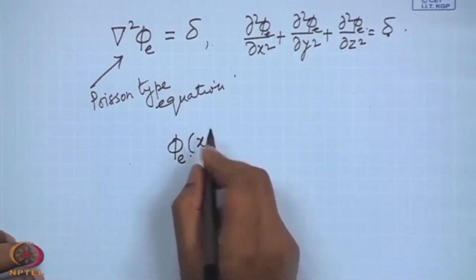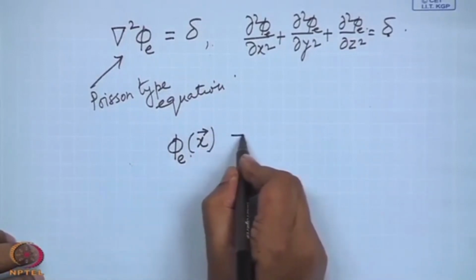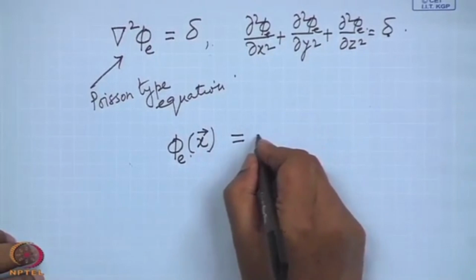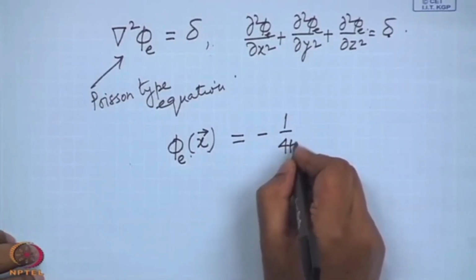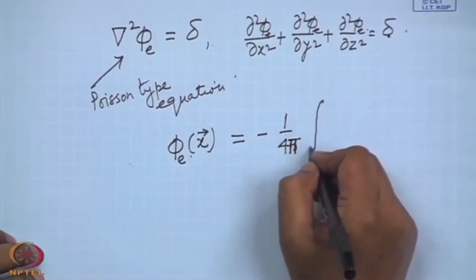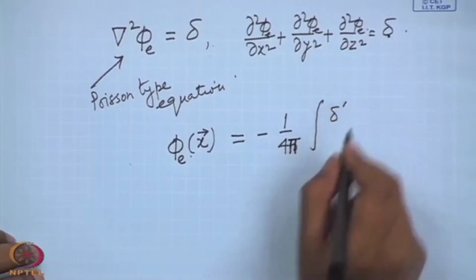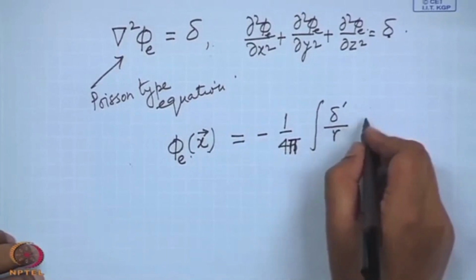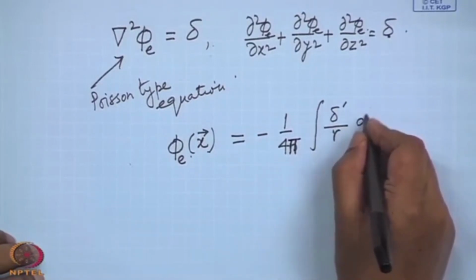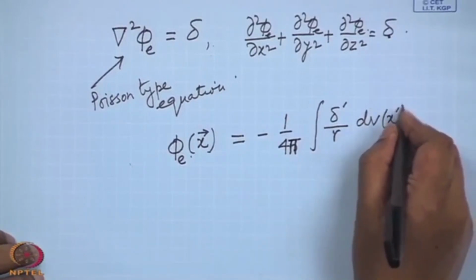If you want, you can write as a function of x, and it is minus 1 by 4 pi, sorry 1 by 4 pi, integral of delta prime by r dV x prime.